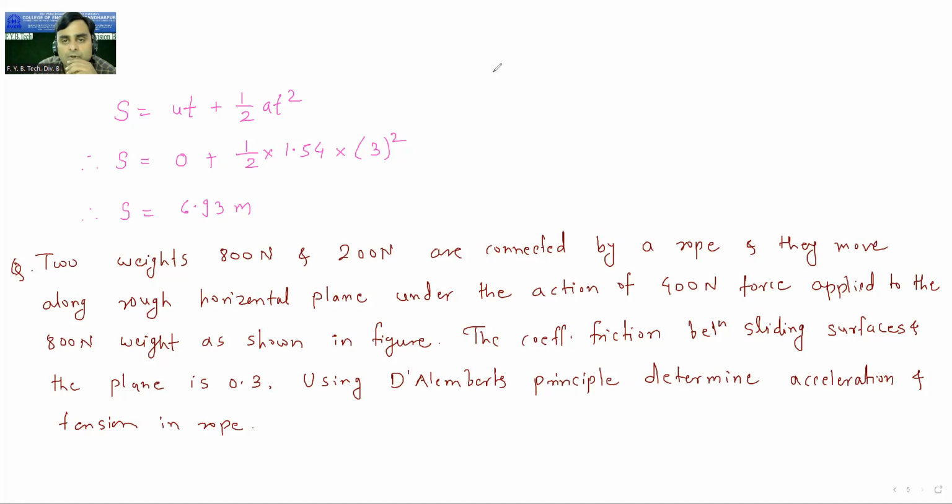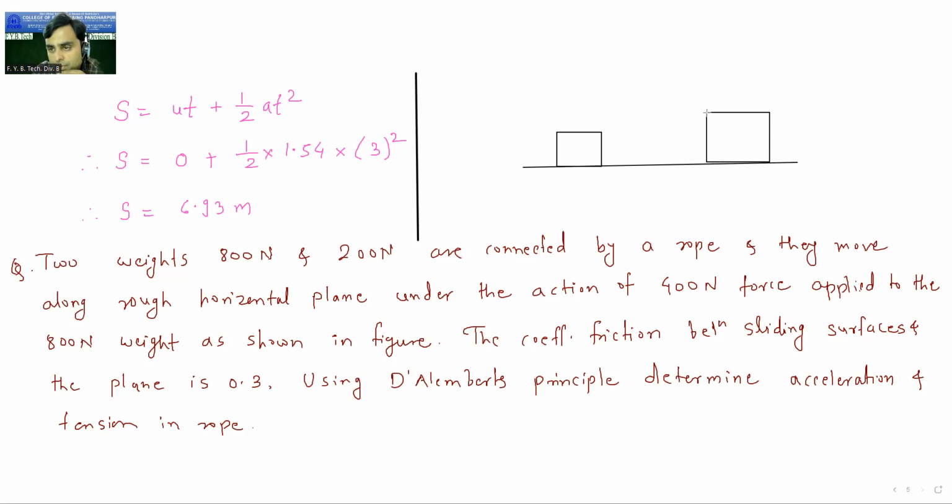So I will draw the diagram here. Okay, so the given diagram is, this is the surface. Then two blocks are there, 200 Newton, and this is a block of 800 Newton. These two blocks are connected to each other by a rope. Okay.